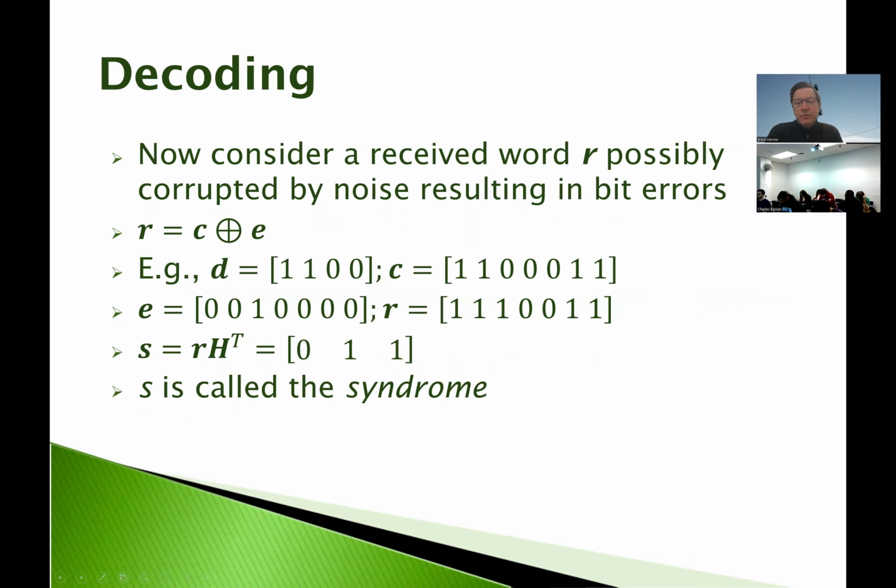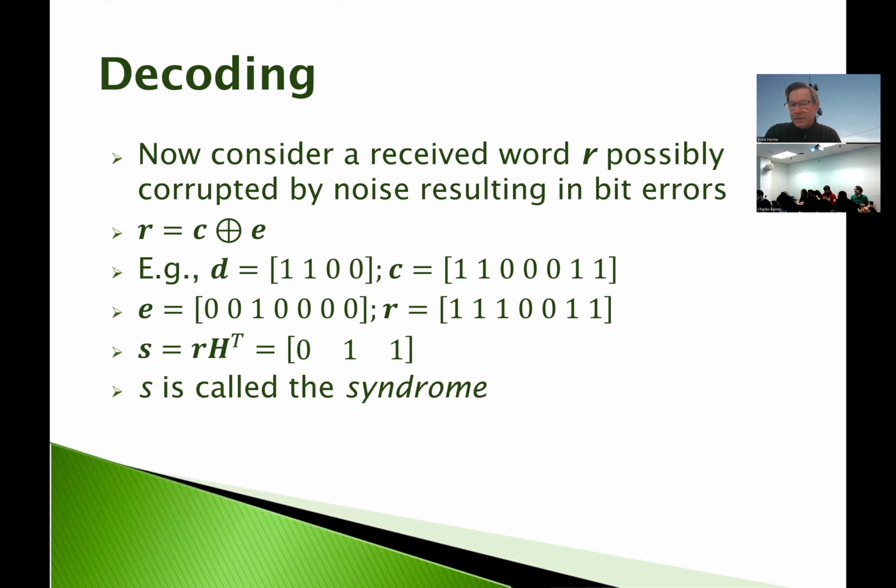Okay, now consider a received word R. That's what we're going to receive, and the receiver is going to do its digital demodulation, use all the stuff we learned before spring break to try to estimate each of those bits out of that set of symbols, right? So we're going to collect up some number of estimated bits from the receiver that correspond to the code length, however long that code word is.